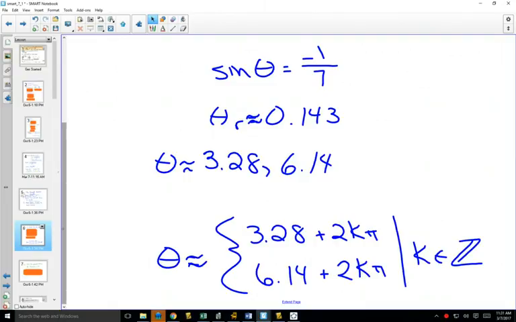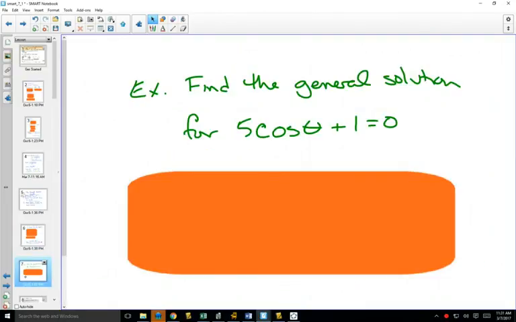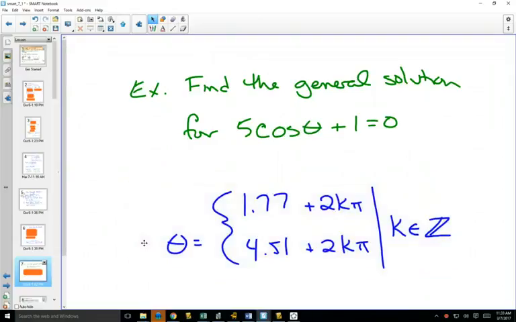So here's one for you to try. Find the general solution for 5 cos theta plus 1 equals 0. So there's the answer. I didn't show any of the work there, but you can see how you did. You would have needed to get your reference angle first.